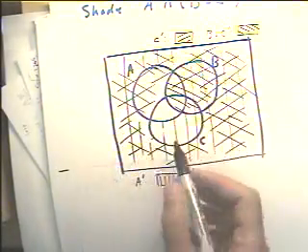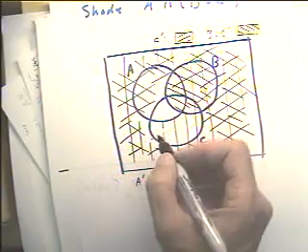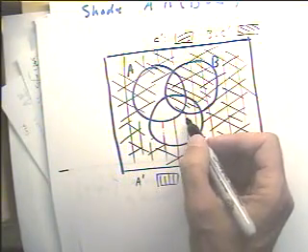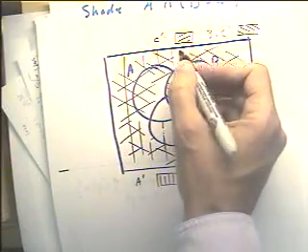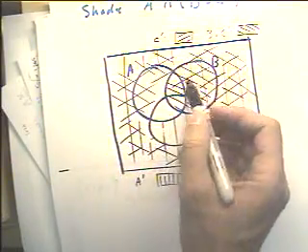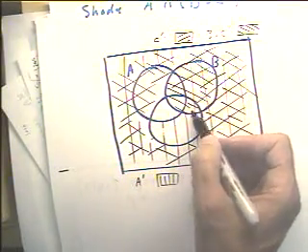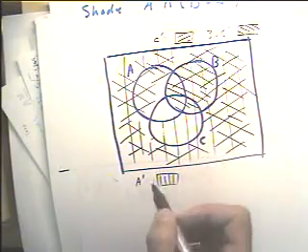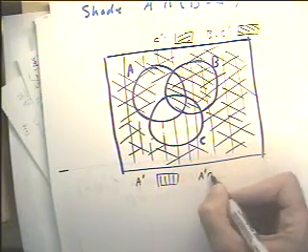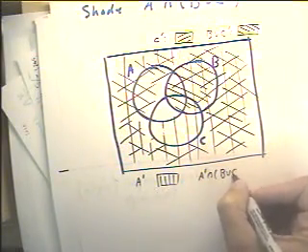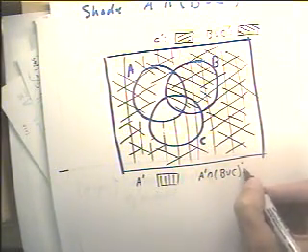So everything with the vertical shading is part of A prime. All the regions that are not part of A, all the 4 regions outside of A, 1, 2, 3, 4 regions, are all vertically shaded. So there's A prime. Now we want A prime intersection B union C prime.